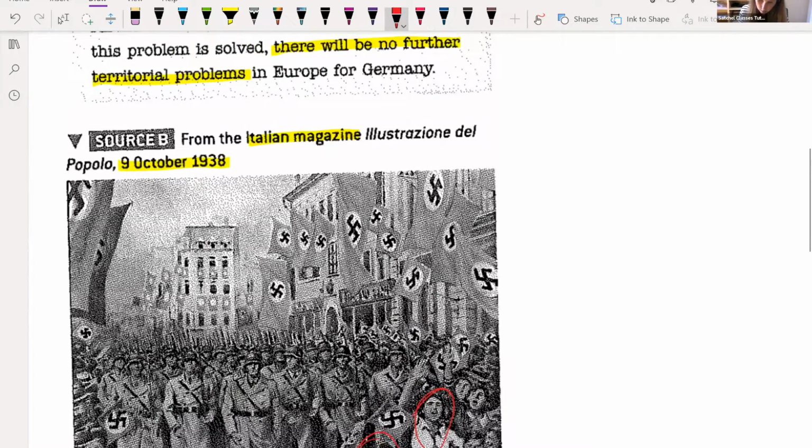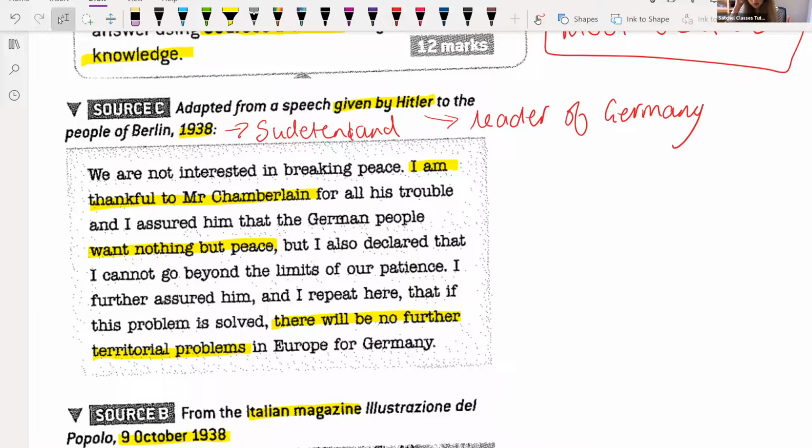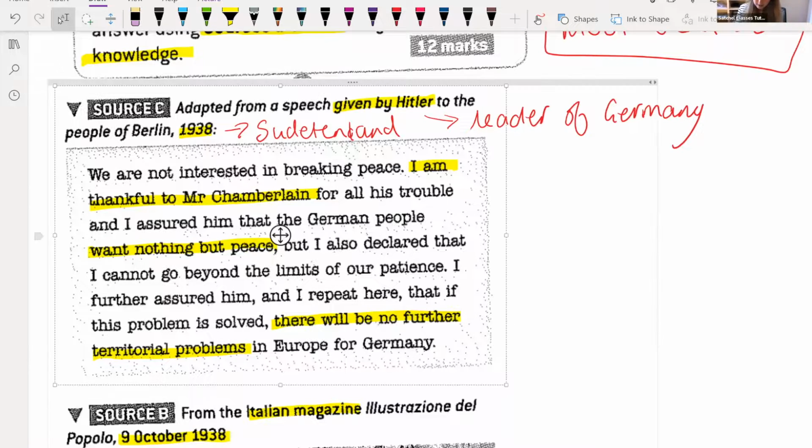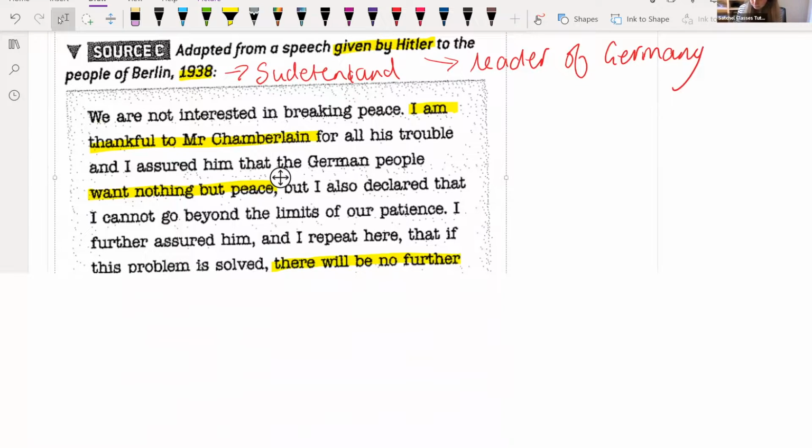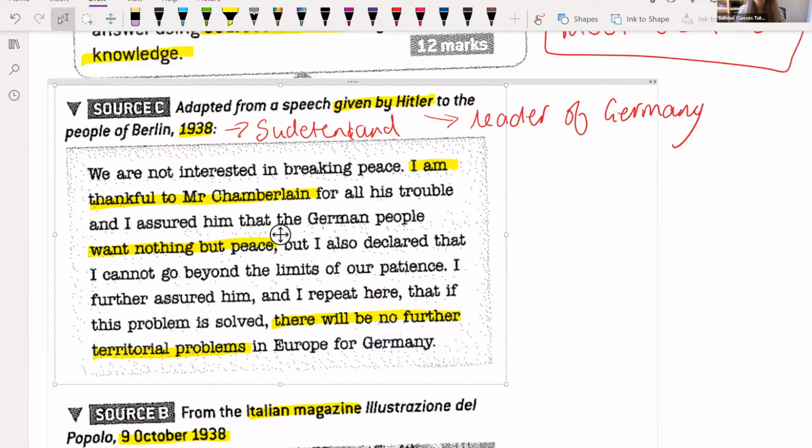So you're being asked in this question to say, right, what is this telling us? Are these two sources agreeing? How are they differing? Why are they differing? What do you know? What don't they tell you?